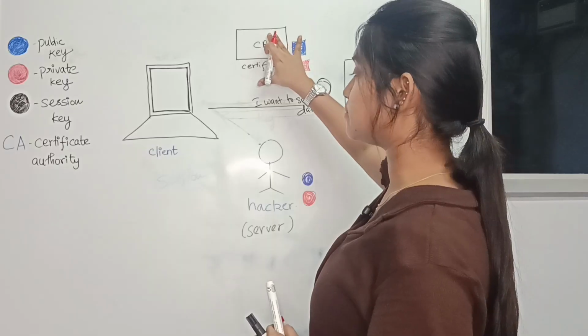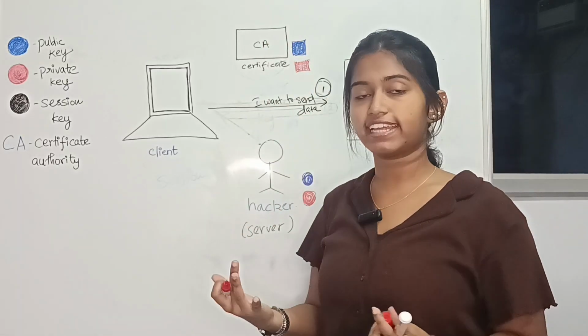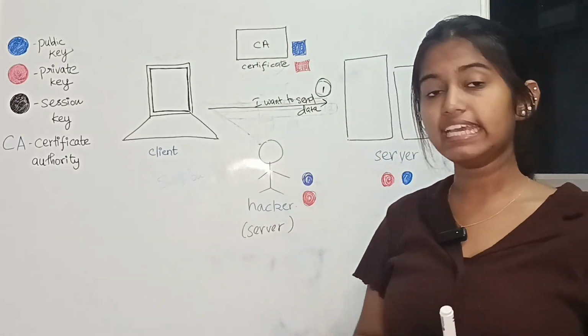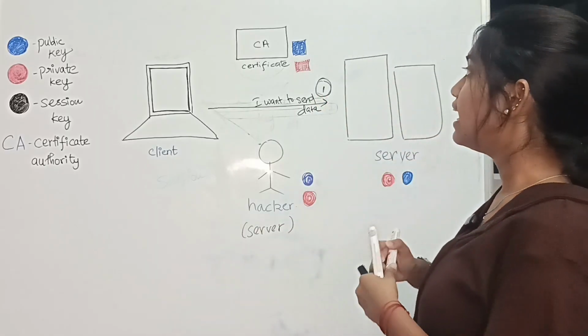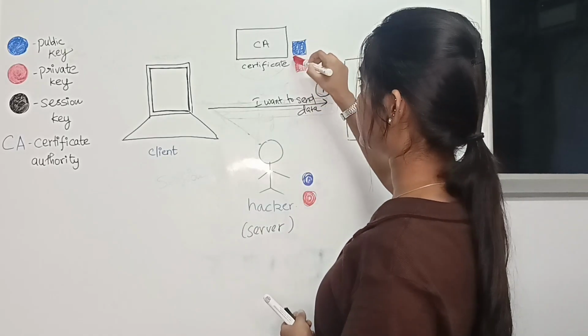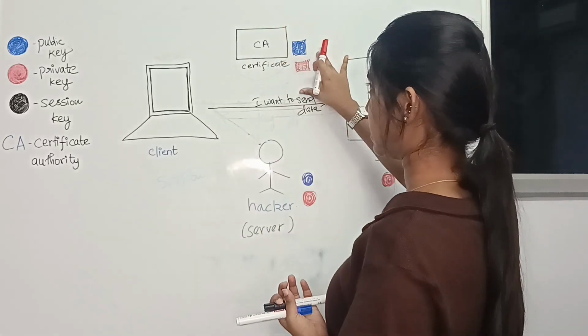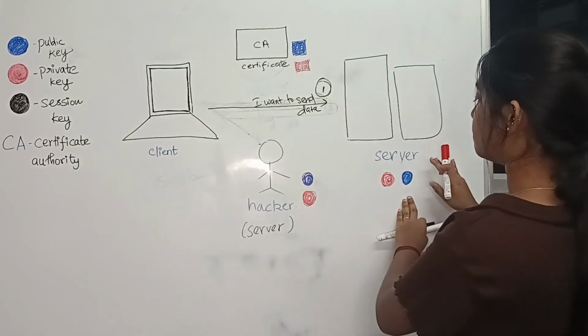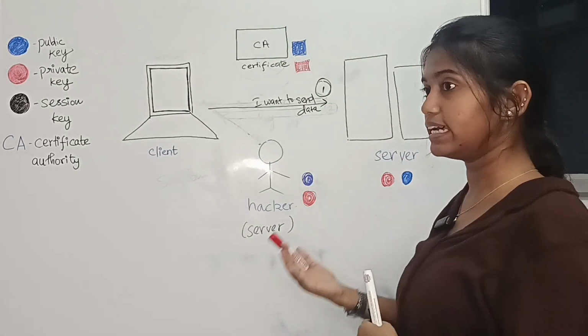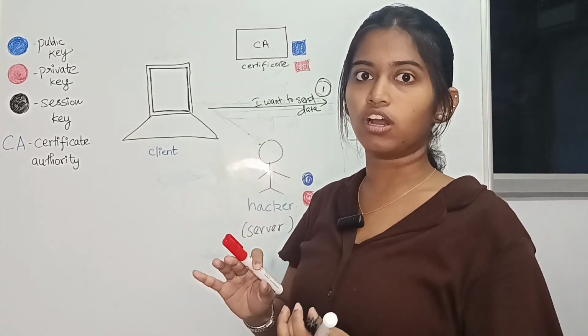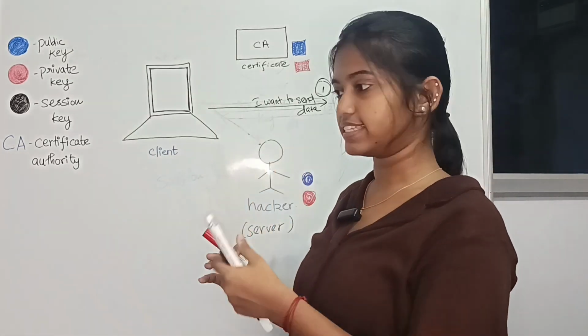The certificate authority verifies the public key sent by the server, and with the help of the certificate authority's private key, the public key of the server is encrypted and sent to the client side.